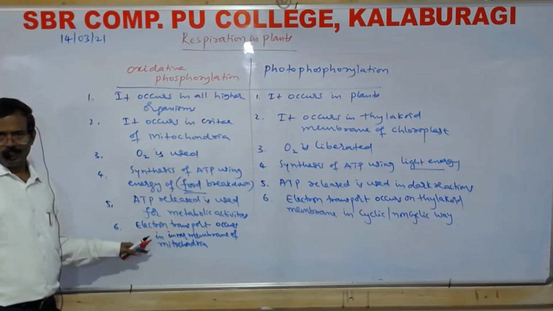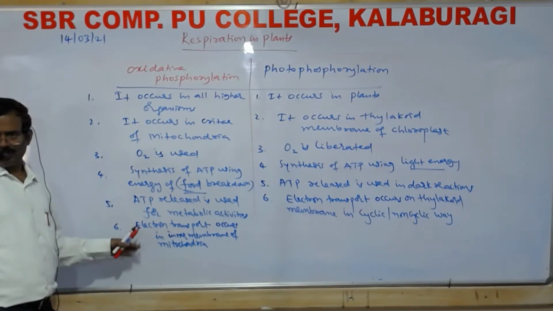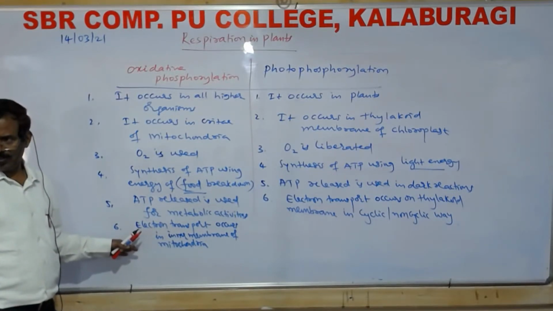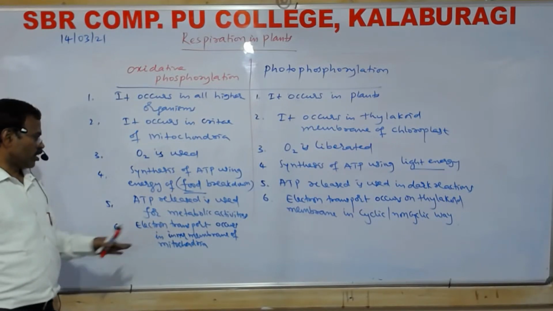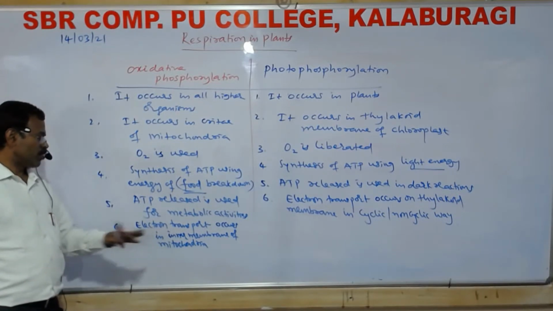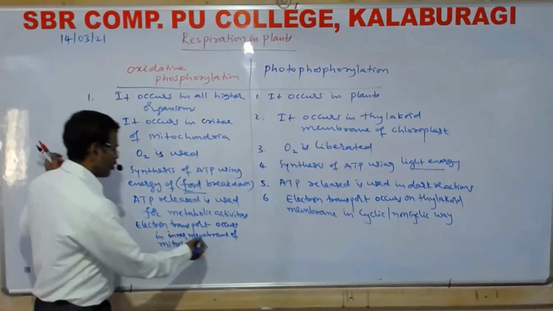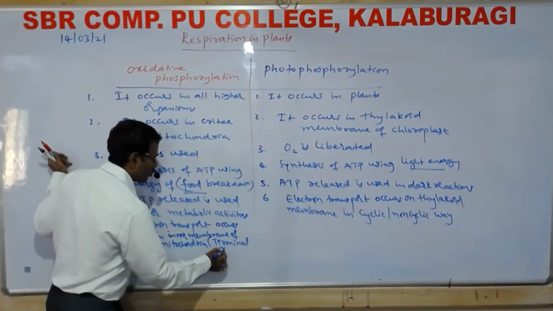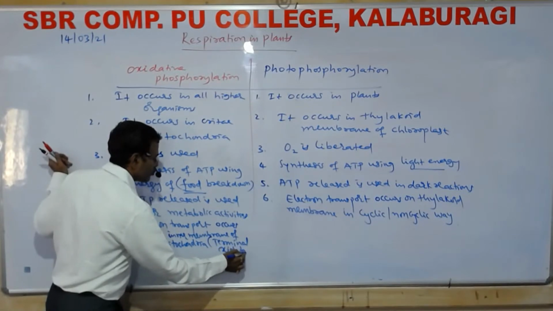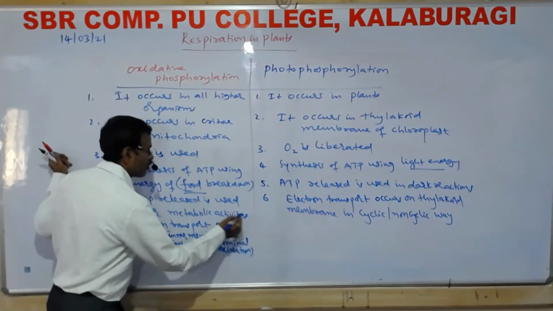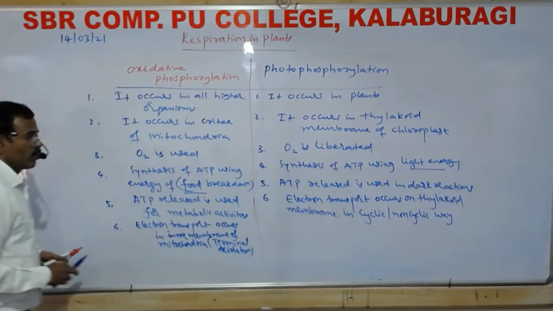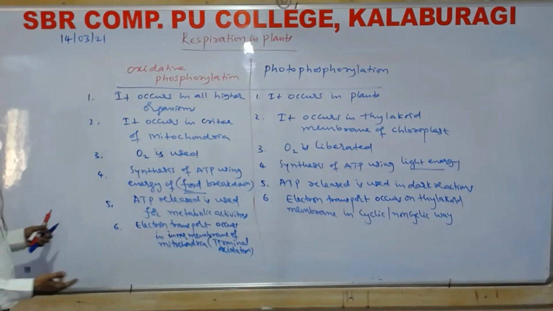Electron transfer occurs: NADH2 or FADH2, on oxidation, electrons are finally transported to oxygen. So electron transport occurs in the inner membrane of mitochondria. This we usually call terminal oxidation. Here it occurs by either cyclic or non-cyclic pathway.